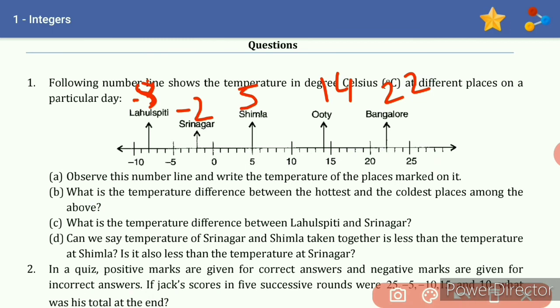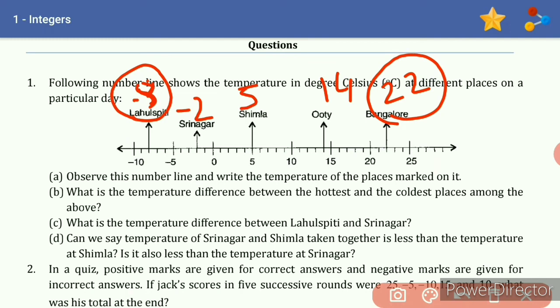The temperature which lies in the leftmost side is the coldest place, and the temperature of the city which lies in the rightmost side is the hottest place.